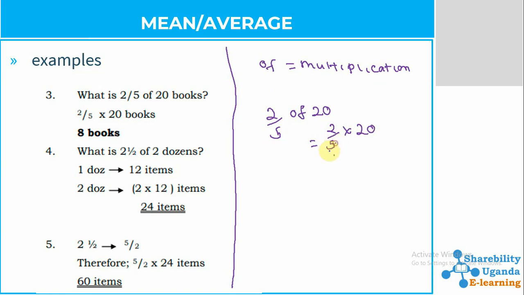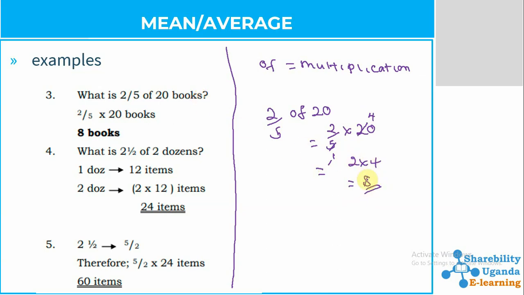So when you divide 5 into 20, this is 4. So this is the same as 2 times 4. What is 2 times 4? It shall be equal to 8. So we shall have solved this.